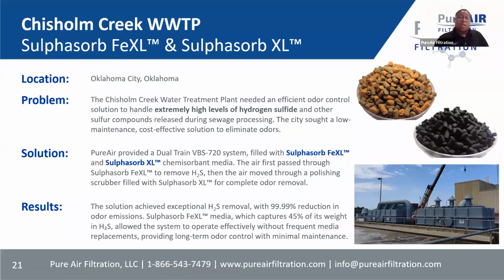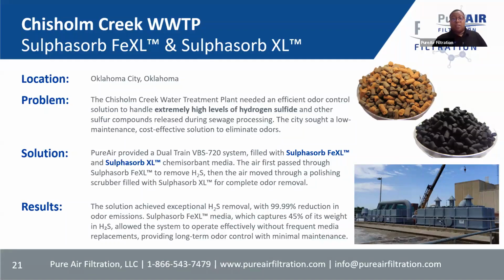We used our self-absorbed FEXL closer to the inlet of that system, because they had high humidity as well as high H₂S, so using the FEXL at the beginning of the process allowed for some removal of that humid air as well as that H₂S, because it has a 45% removal capacity.